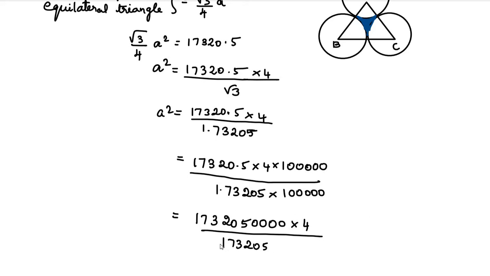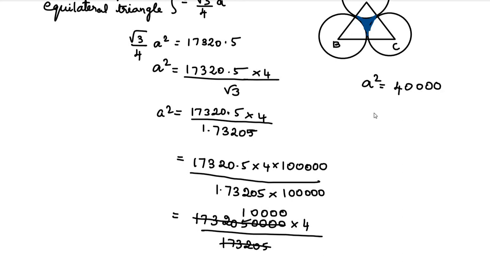So when I cancel this, what I am getting is 10,000. So 10,000 into 4, I am getting 40,000.